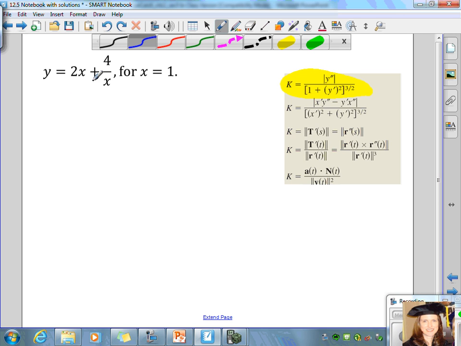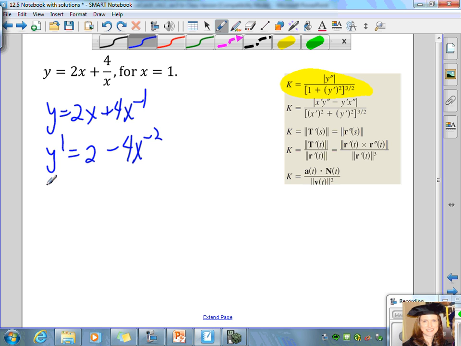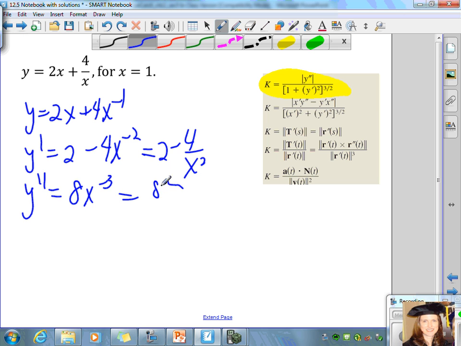So if y is equal to 2x plus 4 over x, if you write it like 2x plus 4x to the negative 1 power, then your y prime, the derivative, is 2 minus 4x to the negative 2 power. And your second derivative, y double prime, is 8x to the negative 3 power. Now these can be simplified to 2 minus 4 over x squared and 8 over x to the third power.